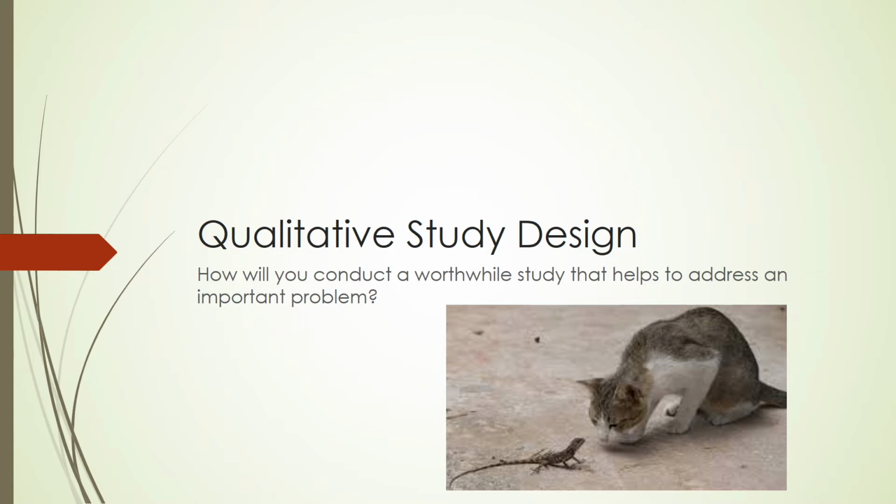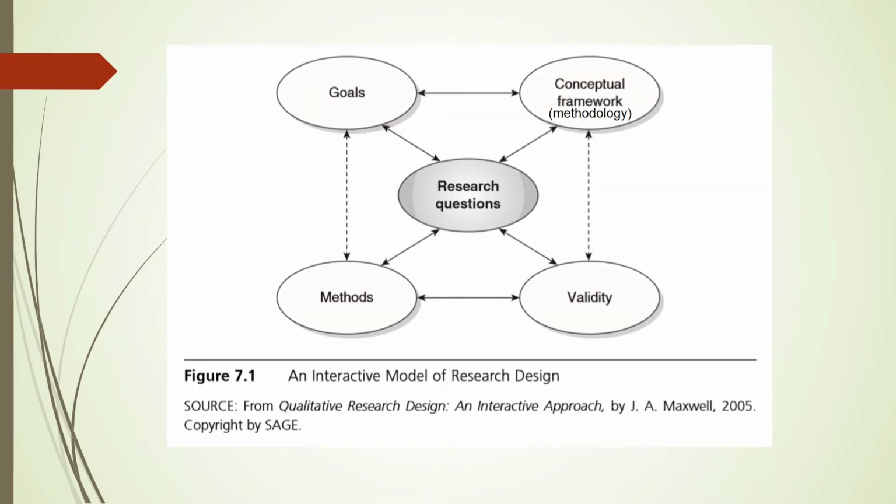So, qualitative study design. I found this framework to be helpful. It's a framework by Maxwell, and what I like about it is it's not linear, and as we go through this, I hope to show that as you're designing a qualitative research study, all of these different influences or concepts have a push and pull.